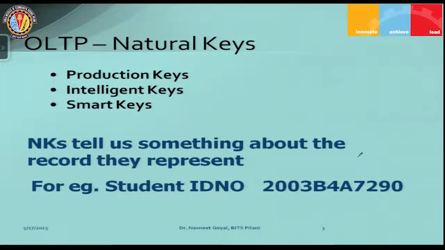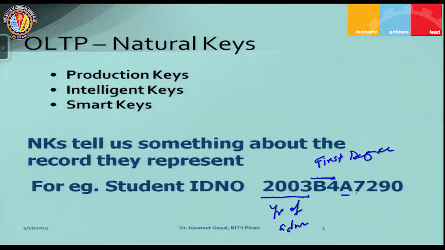If you look at this ID number, it is not just an ID number or a unique identifier. It tells me so many things about the student. So let us look at the different fields in this. The first 4 digits or characters tell you about the year of admission. B4 is the first degree, the major, the first degree we call it.